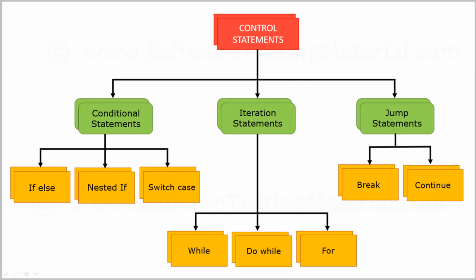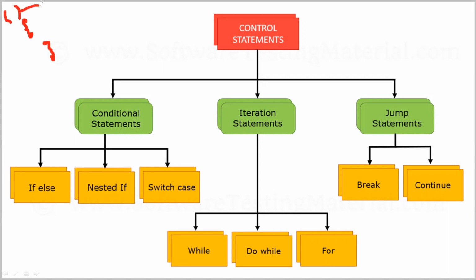So here the picture shows the division of control statements. Here the control statements are divided in Java into three groups: conditional statements, iterational statements, and jump statements. What do conditional statements mean? For example, it is a block of code. Here we have one condition.